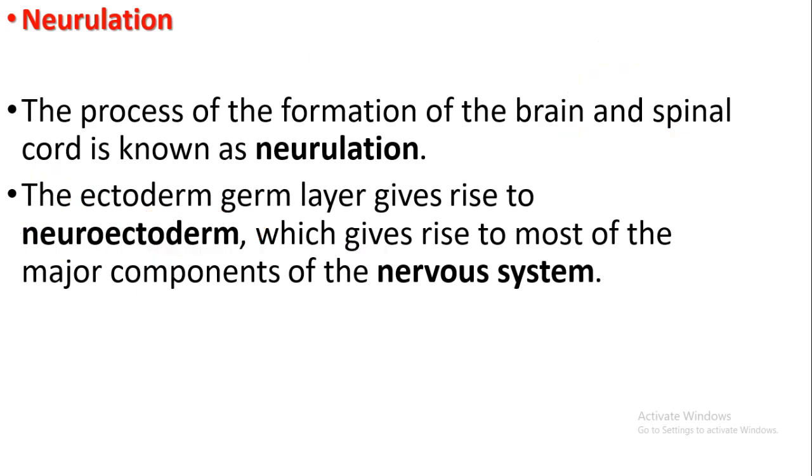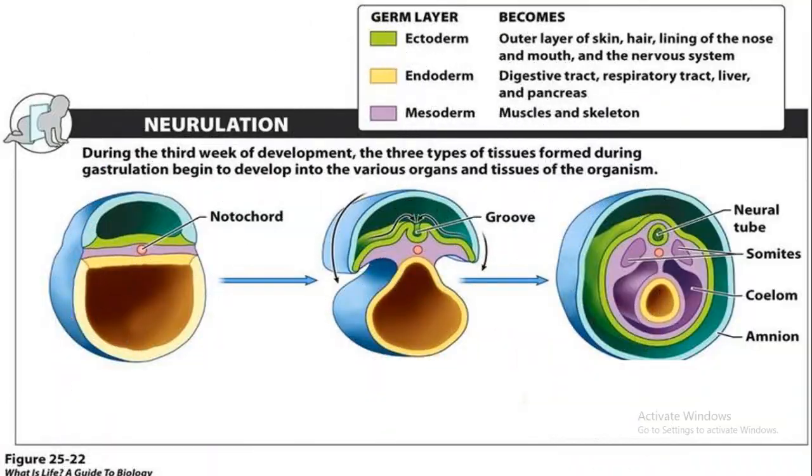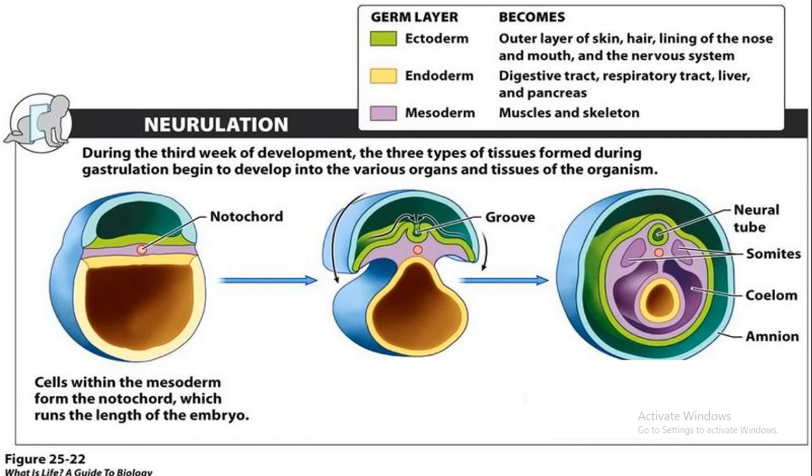All right. Let me quickly summarize this work using this diagram, and then I'll go on with more notes, and you are free to get it from anywhere. So the first thing is that the cells within the mesoderm are going to form the notochord.